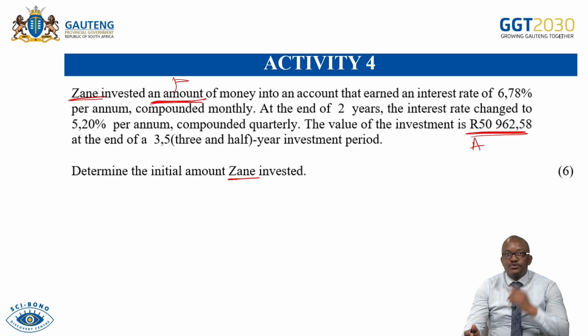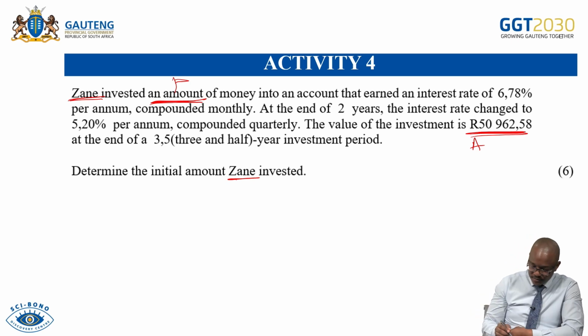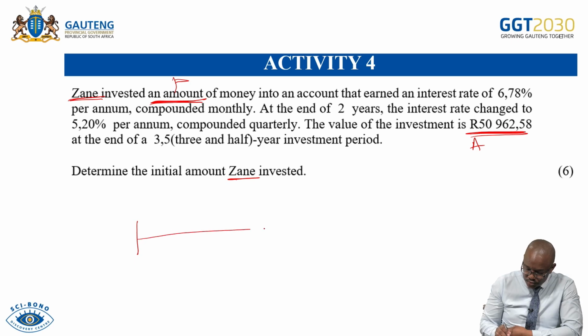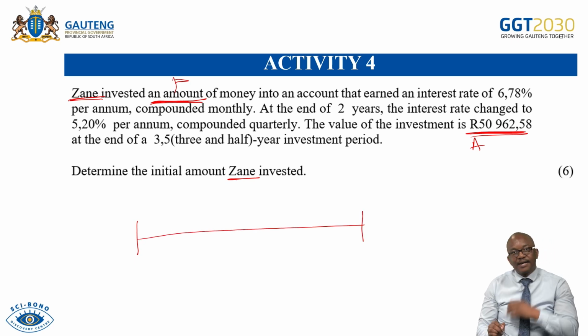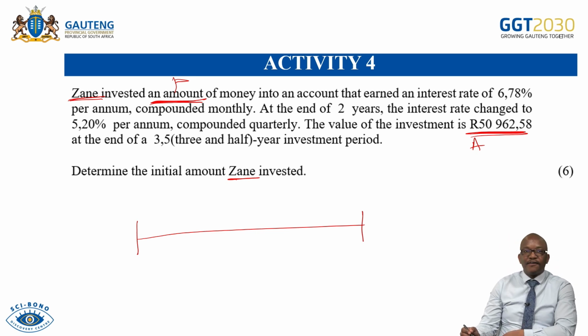We're still going to do our timeline, and then from there we will calculate the amount that was invested, because we do have our accumulated amount. So without any waste of time, let's do our timeline. So remember, with the timeline, we are having 3.5 years.